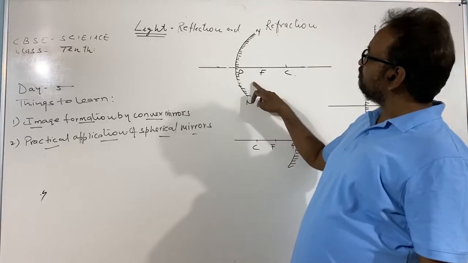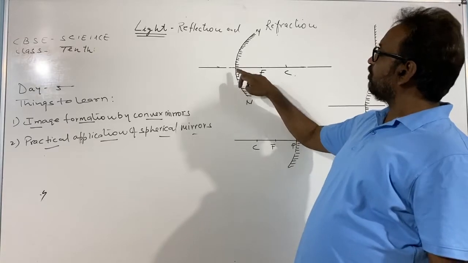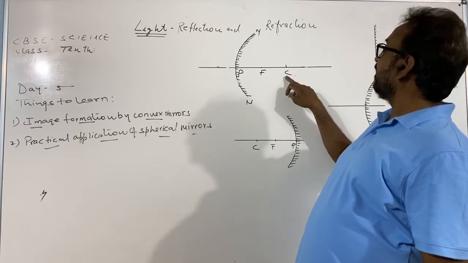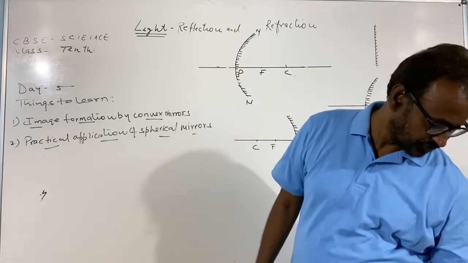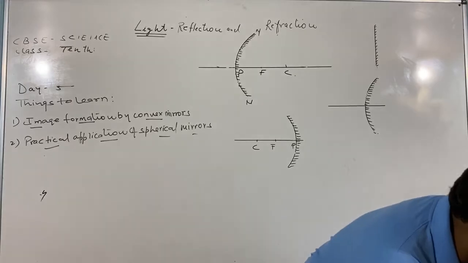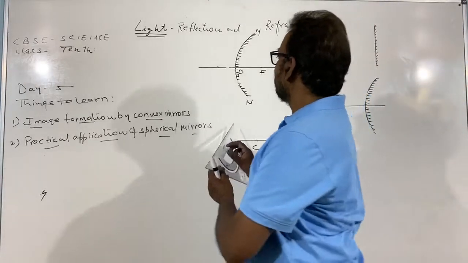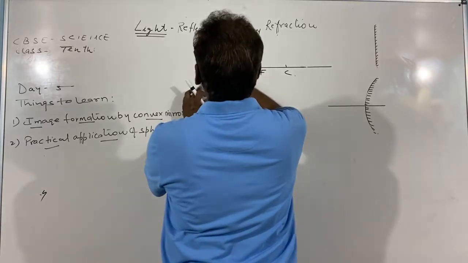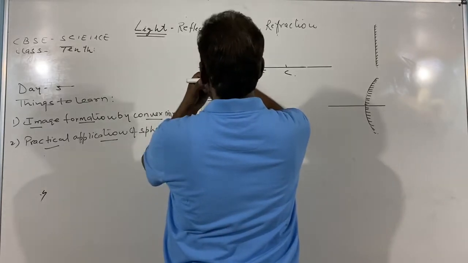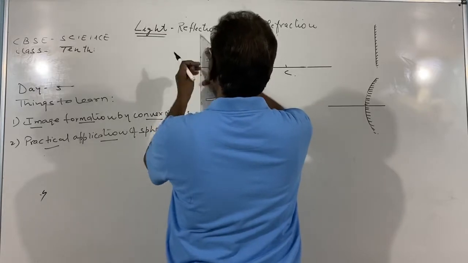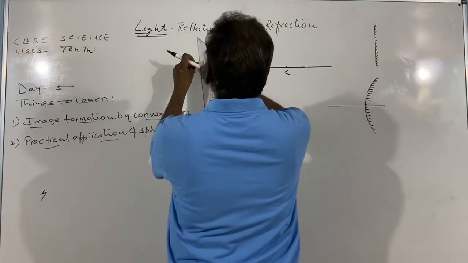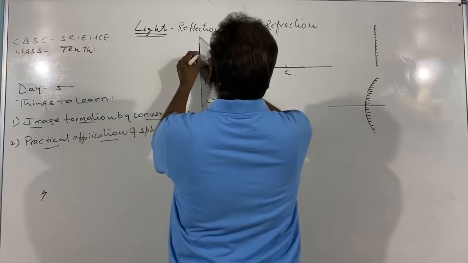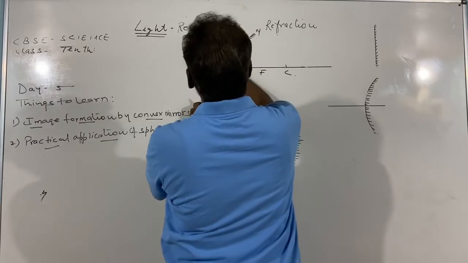This is convex mirror. It is pole of the convex mirror. This is principal focus and it is center of curvature. Consider an extended object placed in front of convex mirror.